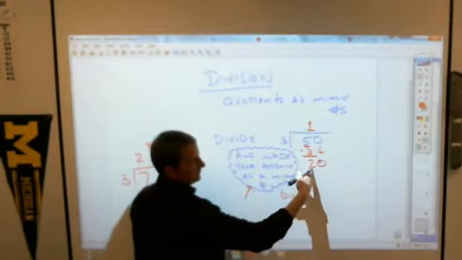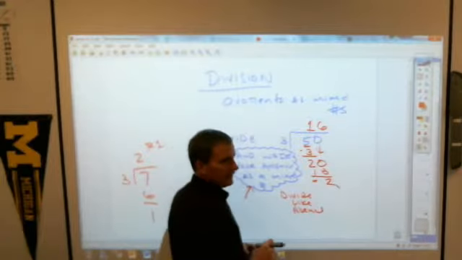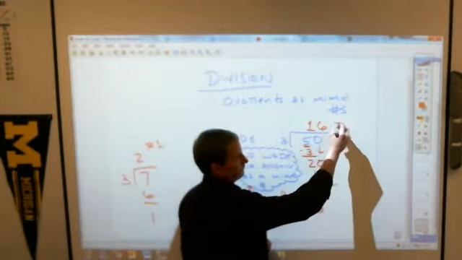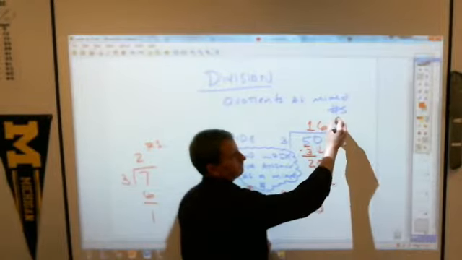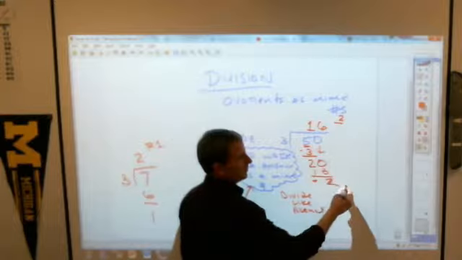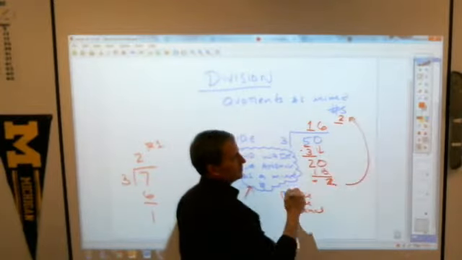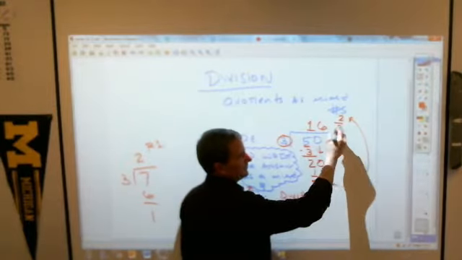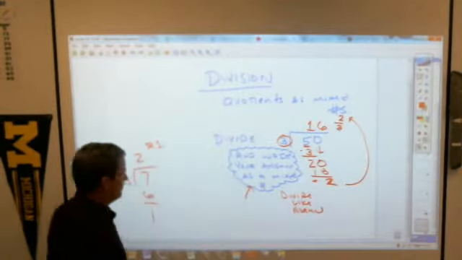Make a fraction. Put the 2, your remainder, on top of that fraction, and on the bottom is the divisor. It's 16 2/3.